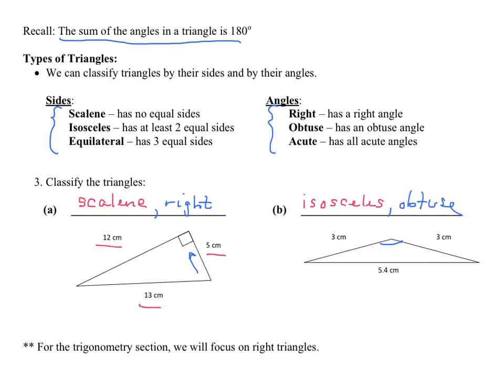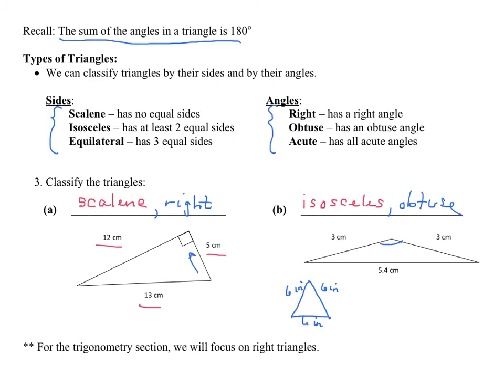Now, when we get into trigonometry, we're going to be focusing more on right triangles than any of the others. Okay, so I'm going to just draw one more here. So let's say that this is 6 inches, 6 inches, 6 inches.